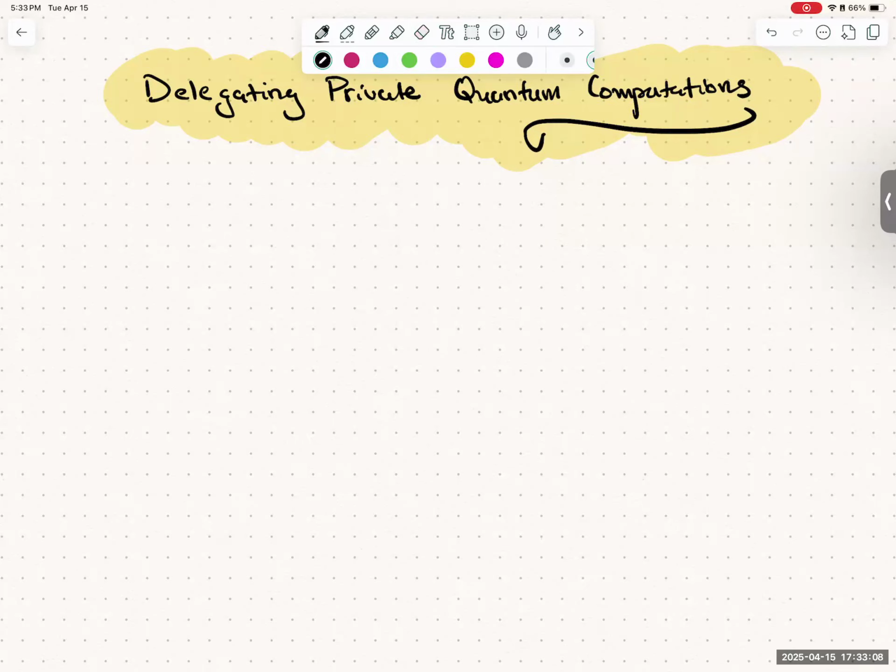So what does that entail? The goal here is that you have a client which is to delegate to a server a quantum computation.